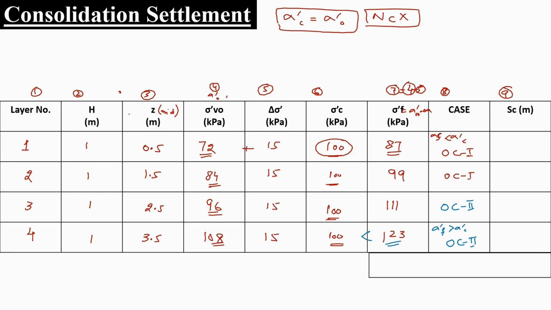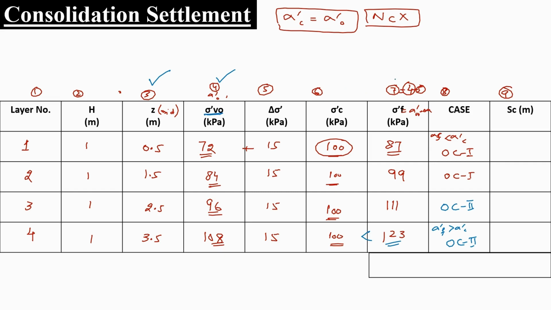And all these values and the whole table, you just need to work for three things. First thing is this: find the midpoints of each sublayer of the clay accurately. Column number 4, find out the vertical effective stress for each midpoint accurately.